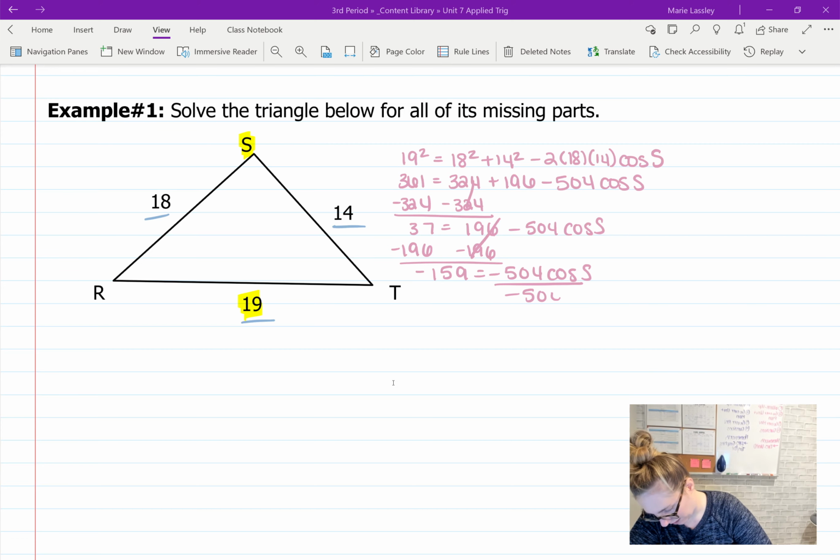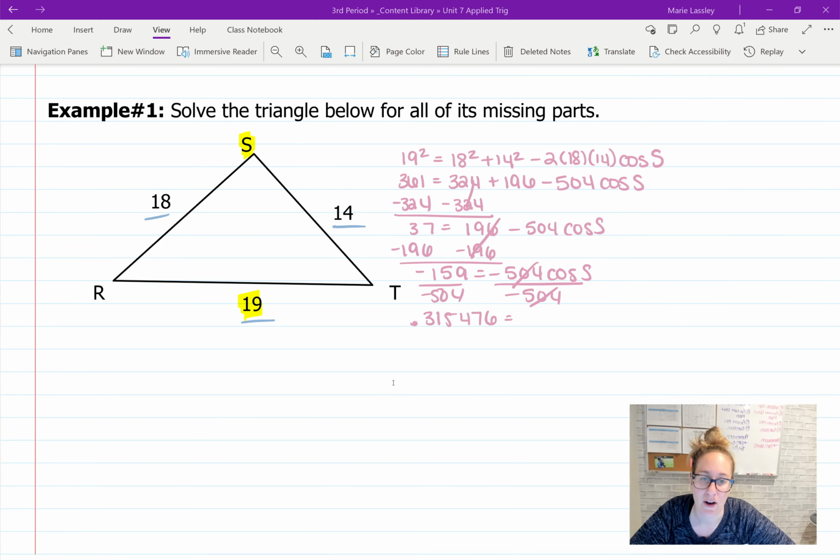That gives me 0.315476 for cosine S. Now if I want to get S by itself, I have to undo the cosine, which means I'm going to do inverse cosine of both sides.